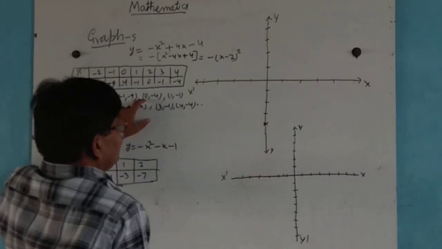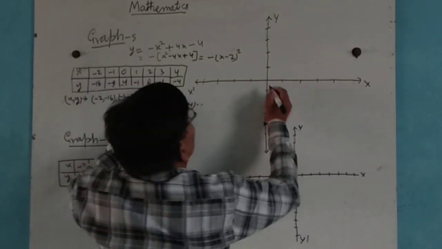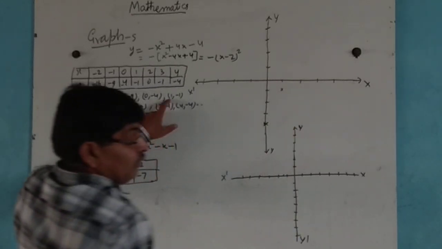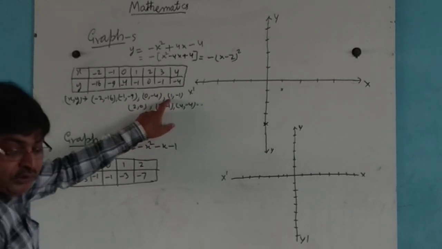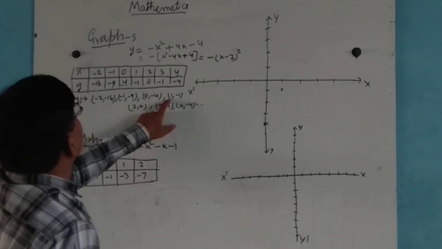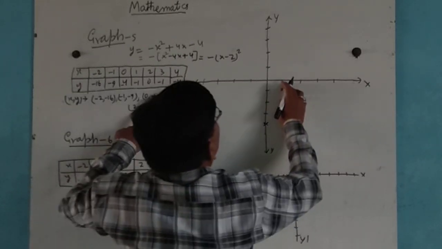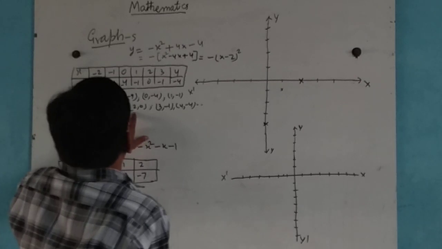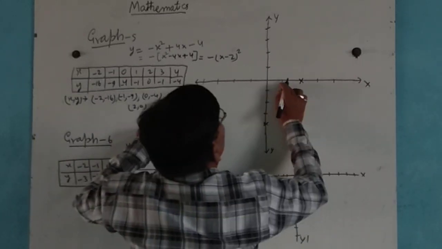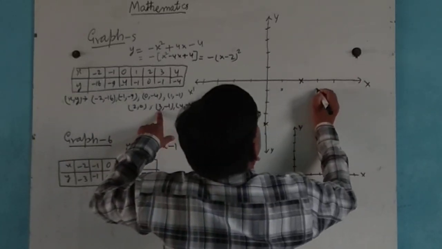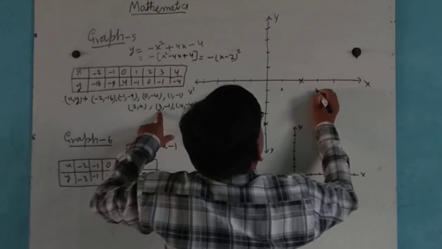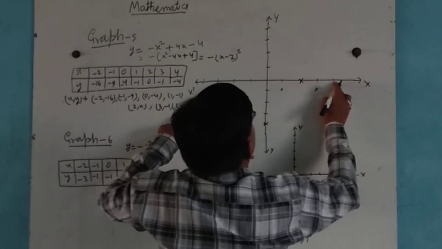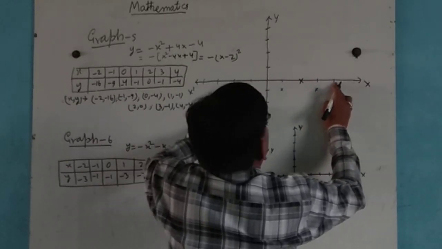Our curve passes through this point. 1, minus 1, this point. 2, 0, this point. 3, minus 1, this point. 4, minus 4, this point.